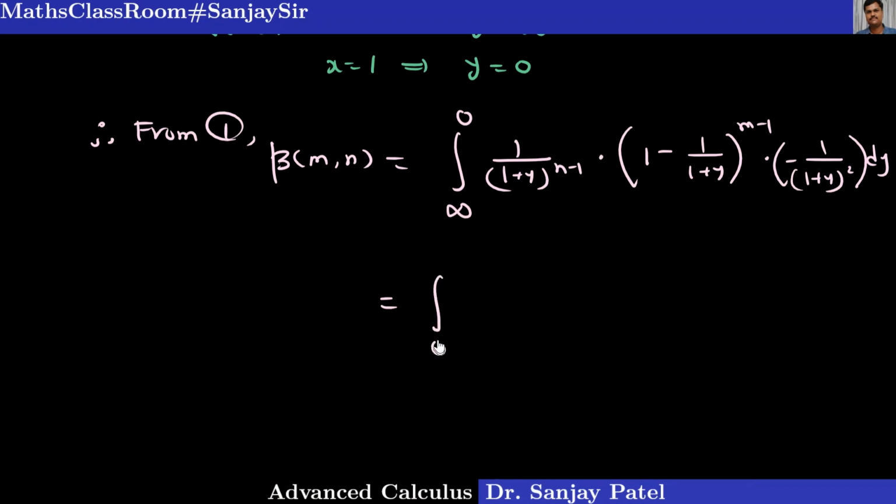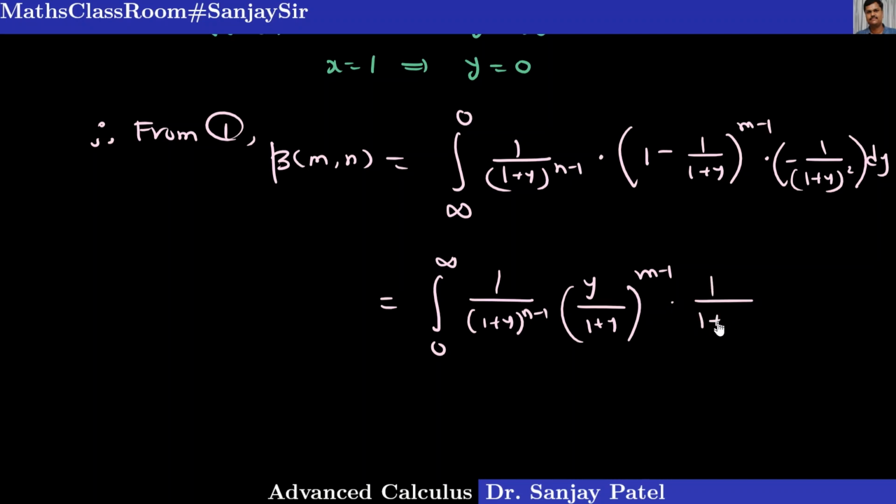I can write 0 to infinity, 1 upon 1 plus y raised to n minus 1, into 1 minus 1 upon 1 plus y, which is nothing but y upon 1 plus y, raised to m minus 1, into 1 upon 1 plus y square dy.